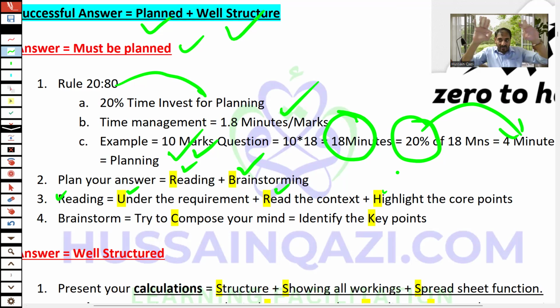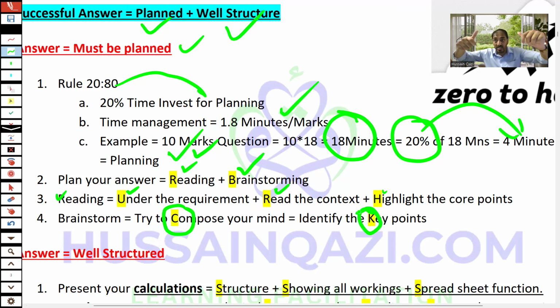Number two, once you have read it, don't attack. Before attacking, you have to brainstorm, either for calculation or theory. Brainstorm means compose your mind about the question. If it is about drafting, highlight and identify the key points.